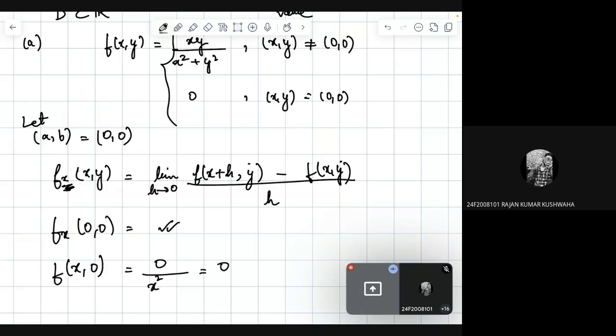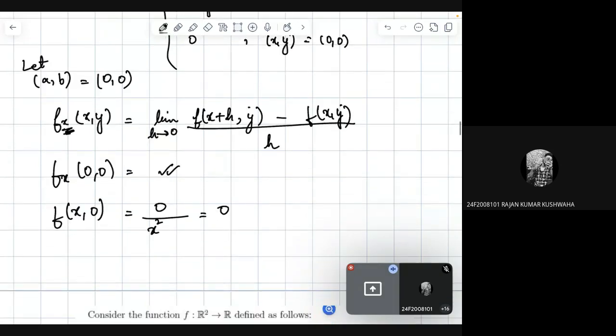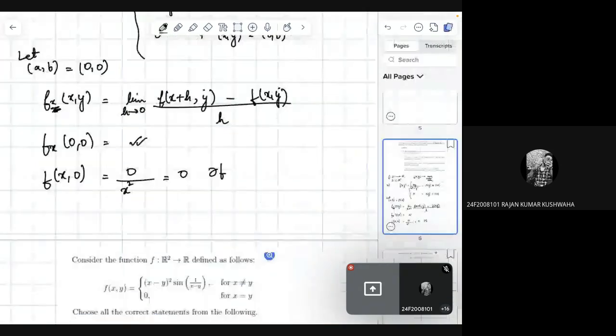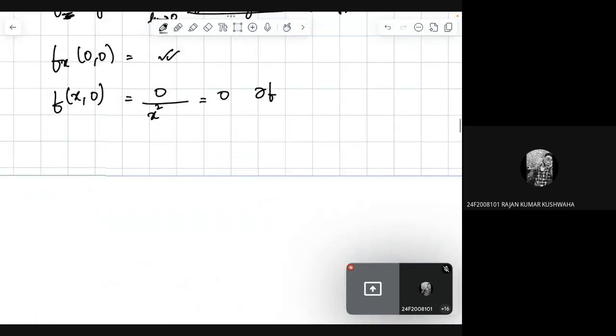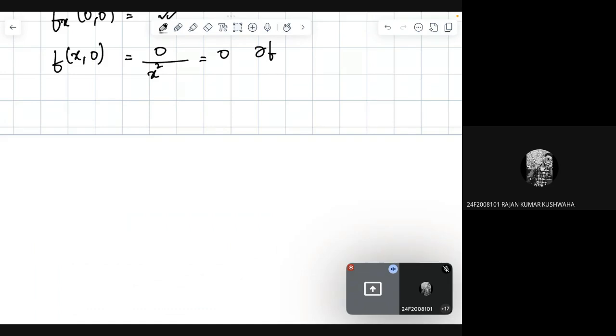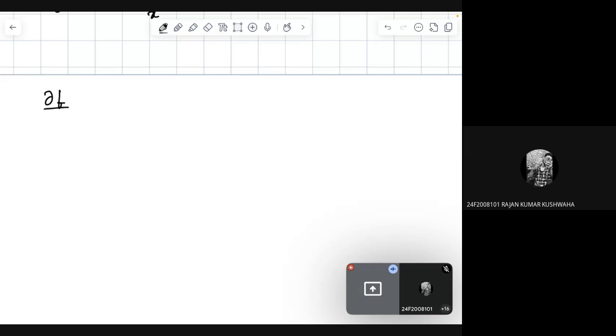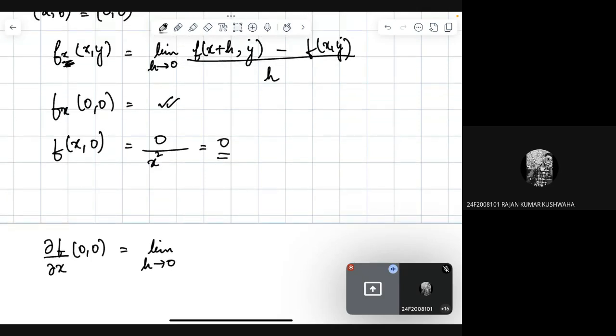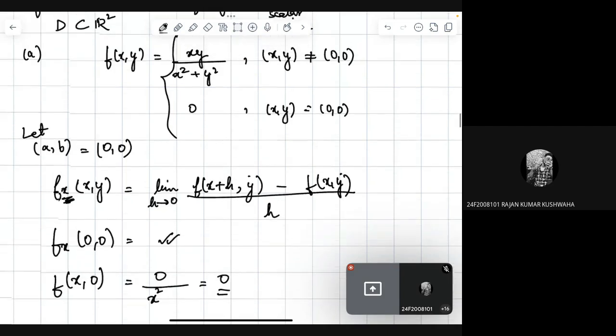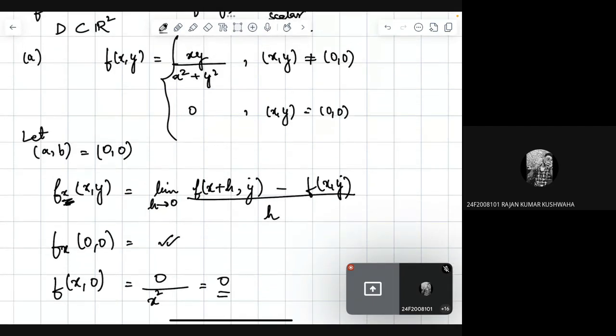So del f del x at (0,0) will be the limit as h tends to 0, where this is 0 and this is given as 0.